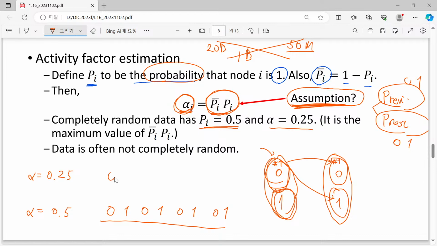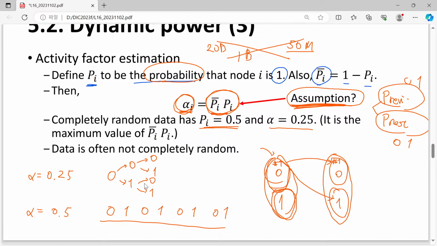But in this case, when we start from 0, then only half of the cases we have 0 and only half of the cases we have 1. And once again here only half of the cases we have 0, only half we have 1. There are so many different realizations of this kind of constellation.